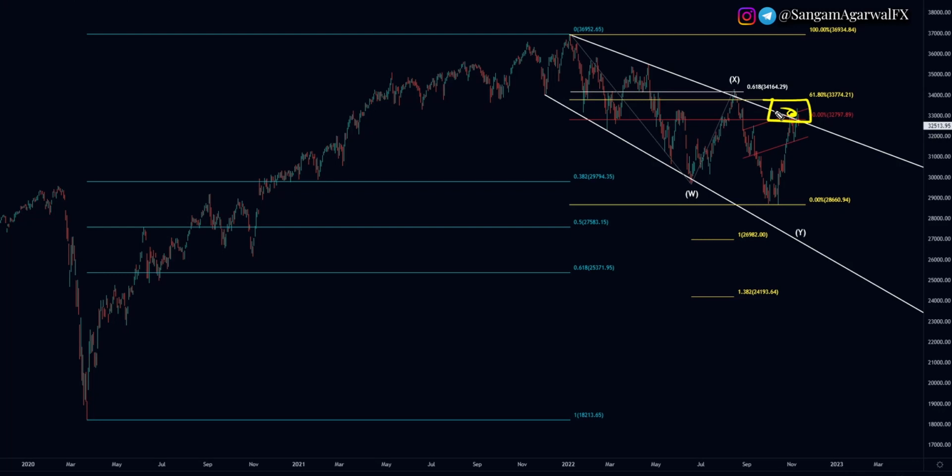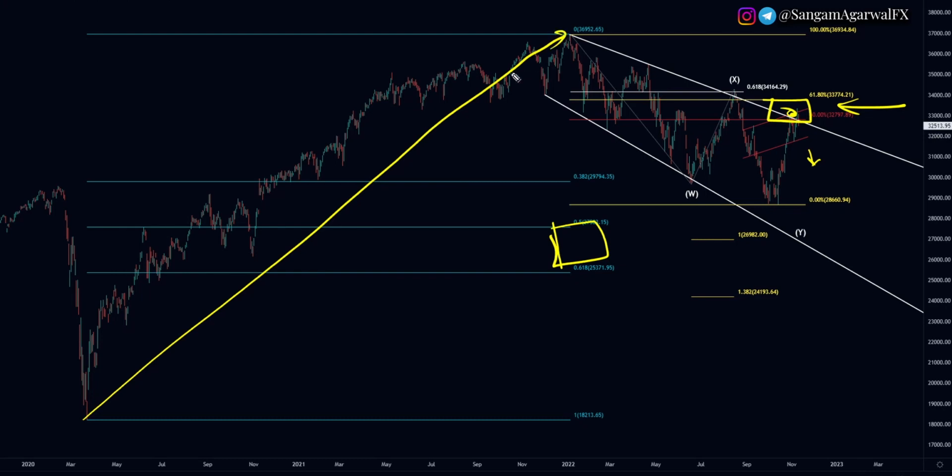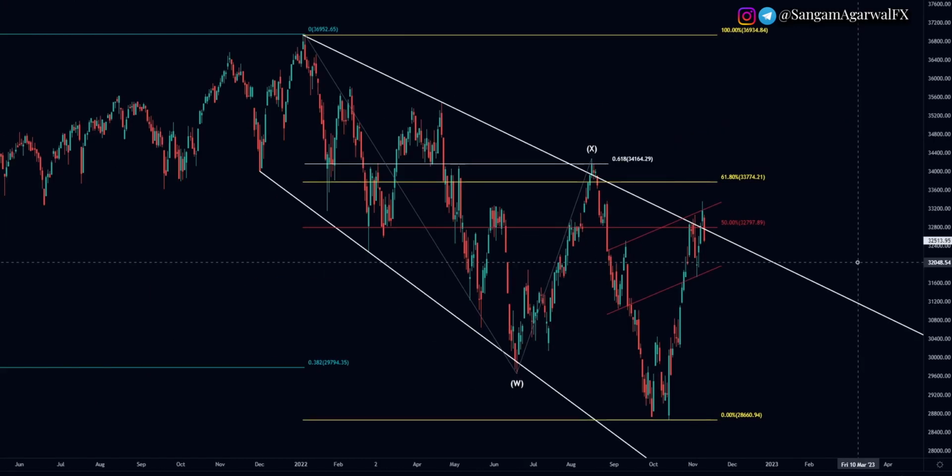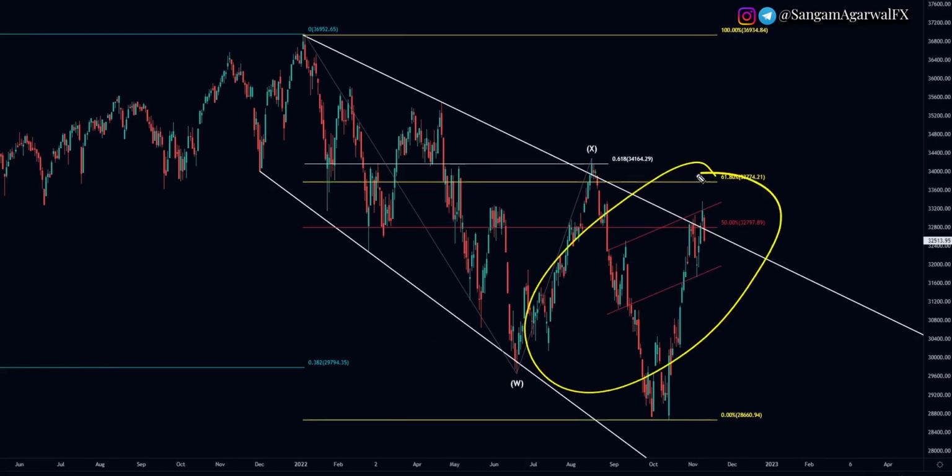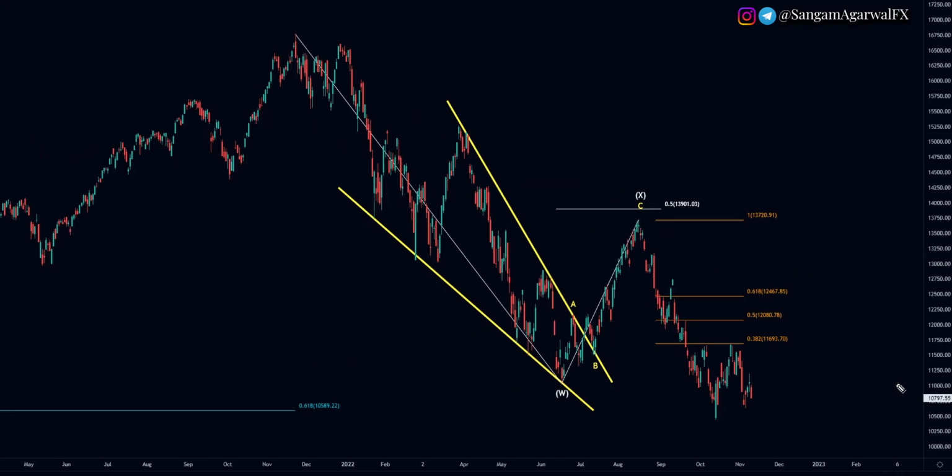Election is done, and today we have the CPI number. So after this resistance level, your next support areas are the 50 and 61% retracement levels for this previous bullish trend. There is more focus on Dow Jones because it has bent up more than Nasdaq.